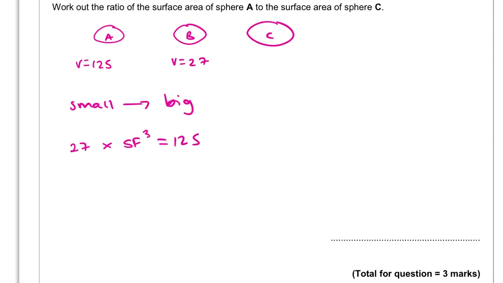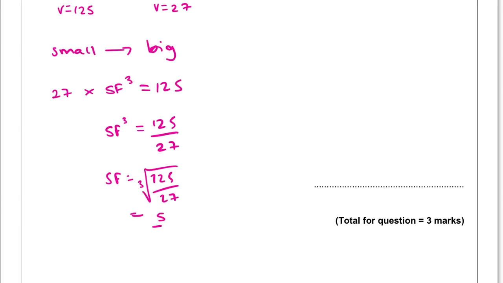Okay, so that means the scale factor between them is 125 over 27. How do I then find the scale factor? I have to cube root that. And you're going to find it's going to give you 5 over 3. So the scale factor is 5 over 3 from B to A. I don't know if we needed that. I might have just gone off task here. However, it is what it is right now.